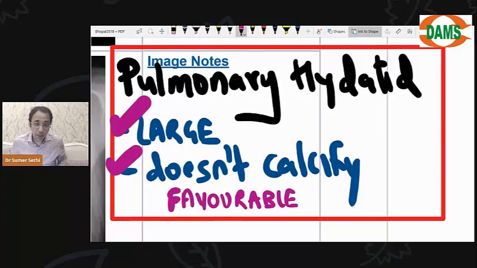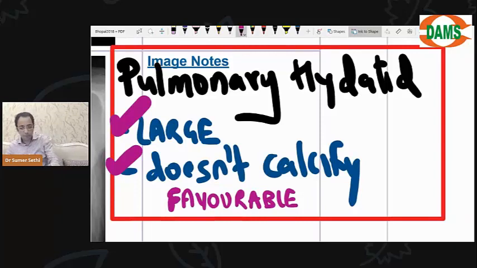In the liver, if the hydatid wants to grow, the organ is stiff. The liver is a stiff organ. It does not allow it to freely grow. While in the lungs, it is easy to stretch and grow because it is all thin walls of parenchyma. So hydatid tends to grow larger, and because it is growing, it is unlikely that it will die soon. So it does not usually calcify.